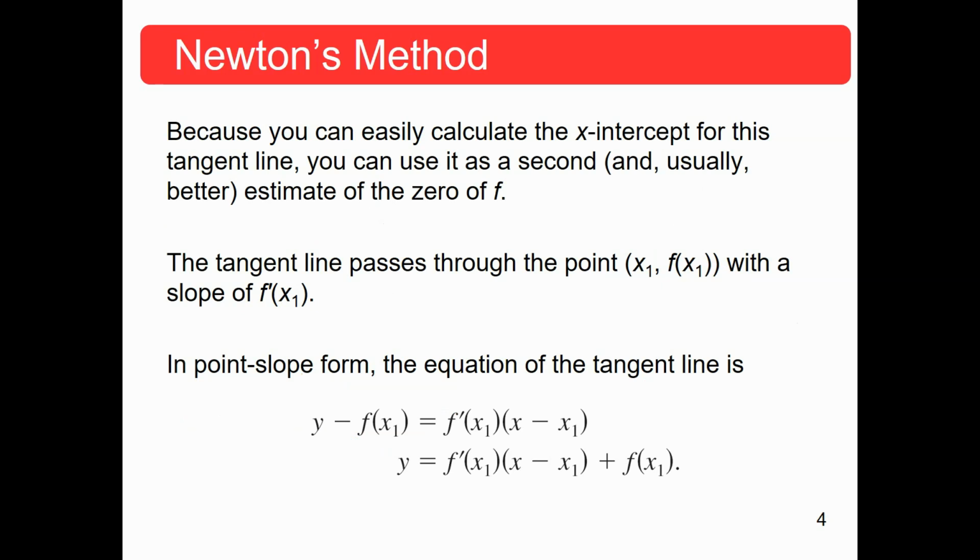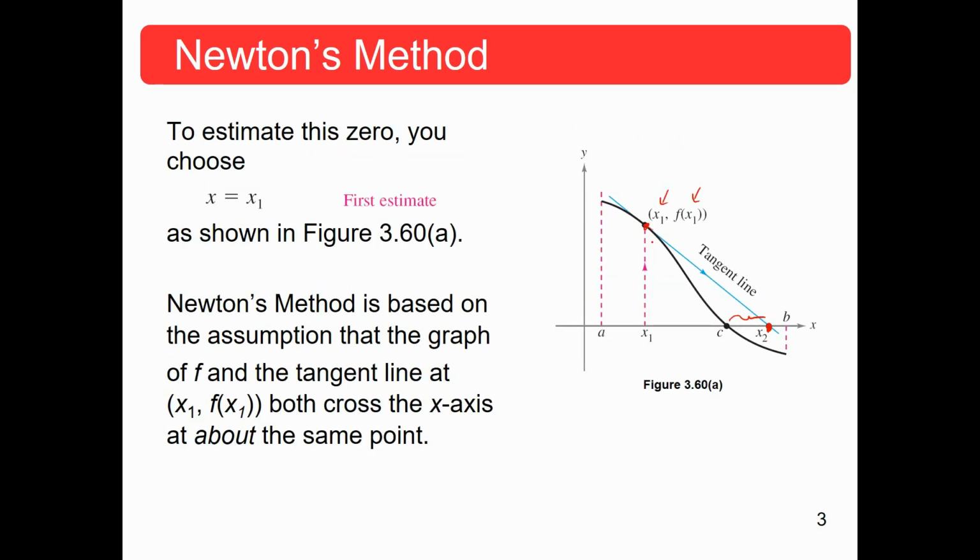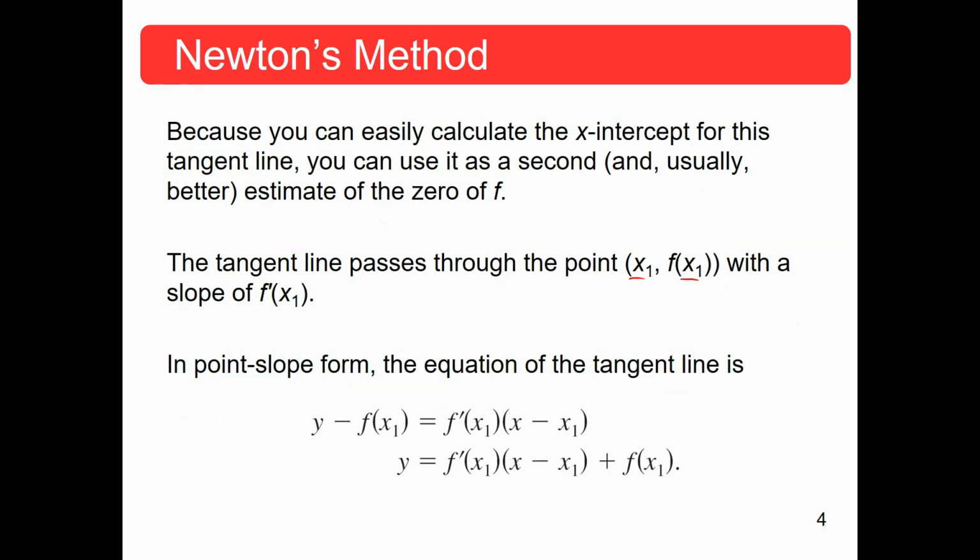So the tangent line passes through the point x1, f of x1, right? That's the point that we picked. We know the slope, right? The slope is just the derivative of that function evaluated at x1. So in point-slope form, remember, the formula is y minus y1 equals m times x minus x1.